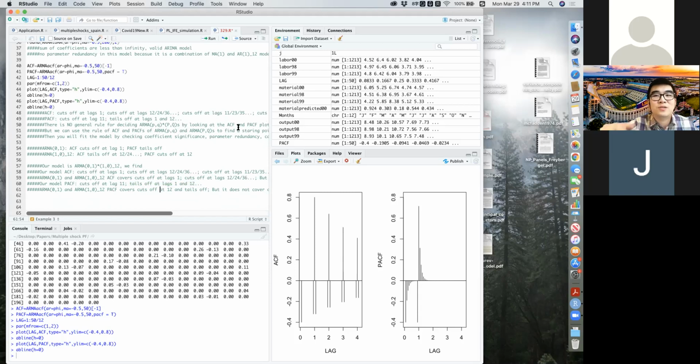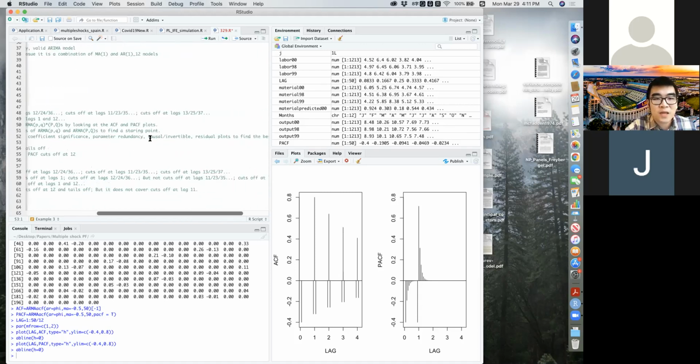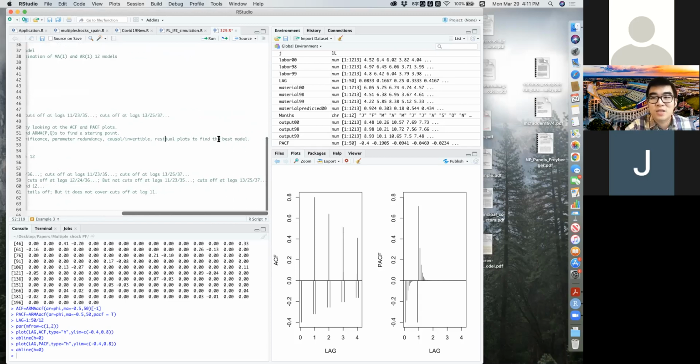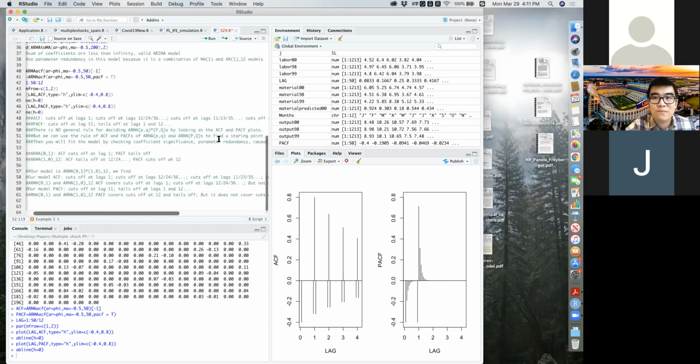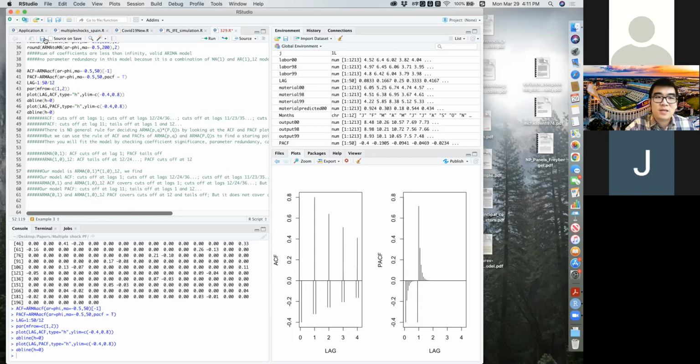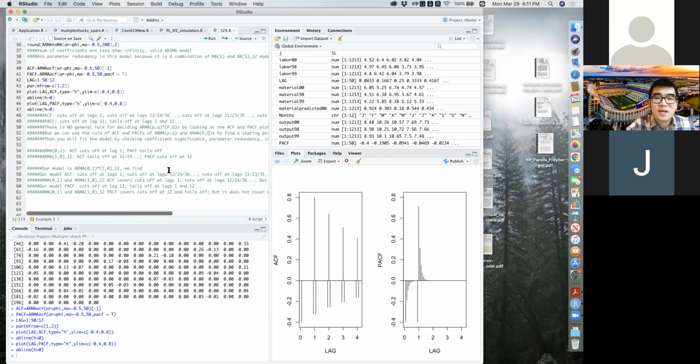So you need to fit a bunch of models and use the coefficient significance, parameter redundancy, causal invertible, and residual plots to decide which is the best model. Any questions here? You can see that fitting a multiplicative seasonal ARIMA model is much, much more complicated than fitting a pure ARIMA model or a pure seasonal ARIMA model. Any questions here?